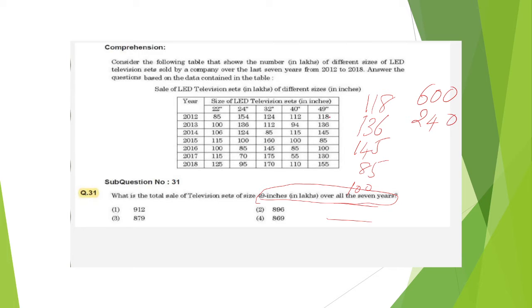Okay, next how many ones are there? 8 plus 6, 14, 14 plus 5, 19, 19 plus 5, 24, 24 plus 5, 29. Now the calculation becomes very small and it is easy for us to calculate the sum. 869 is the sum. Okay friends, then we'll go to the next question.